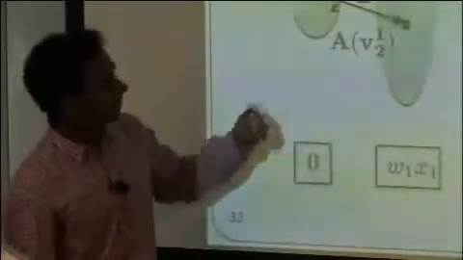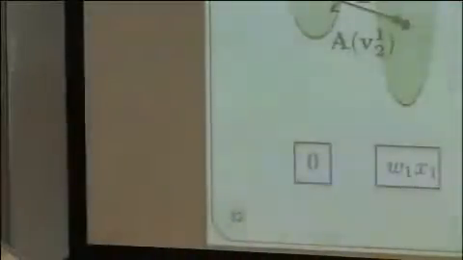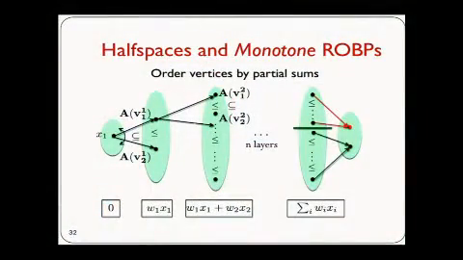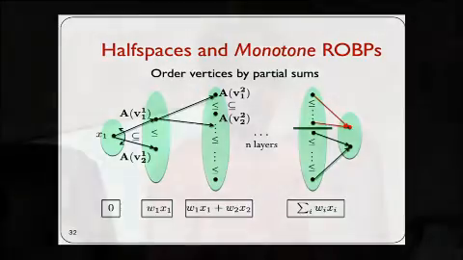And the same property holds for every layer. Whenever there exists an ordering so that the sets of accepting strings form a nice sequence of nested sets, we call the branching program a monotone read-once branching program.